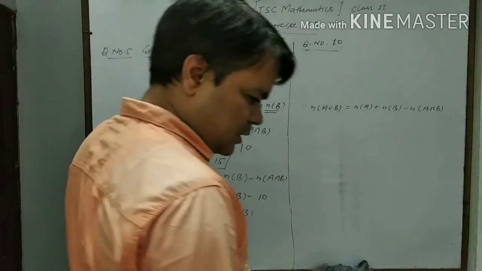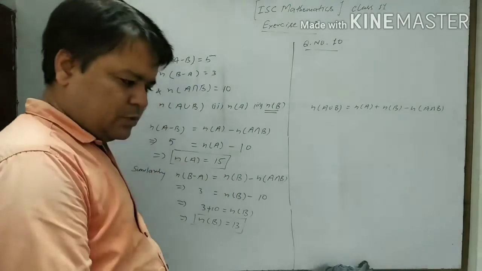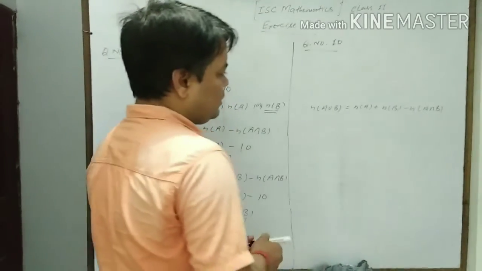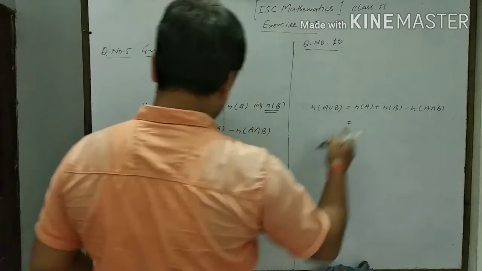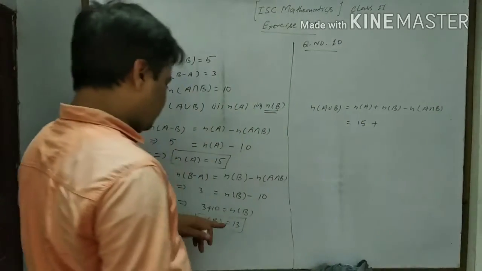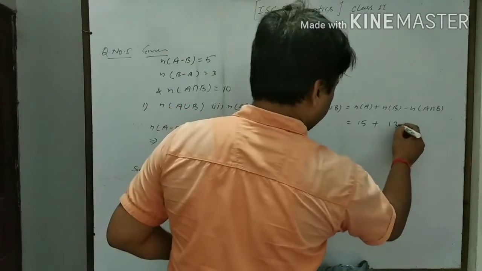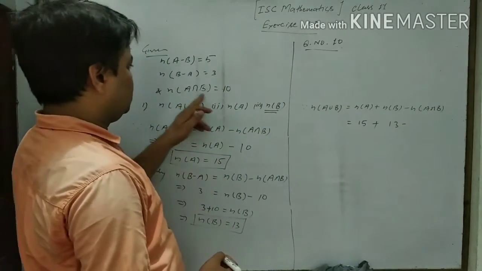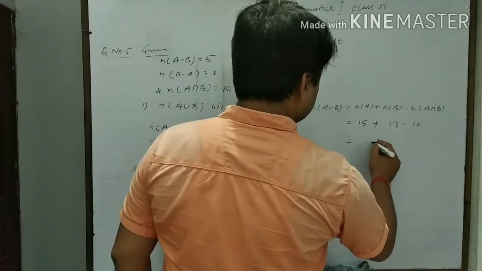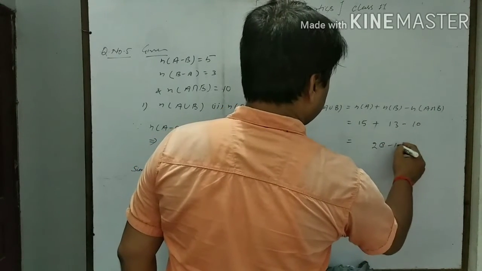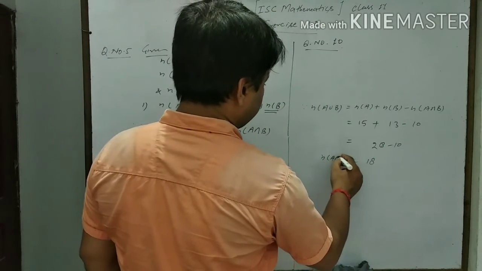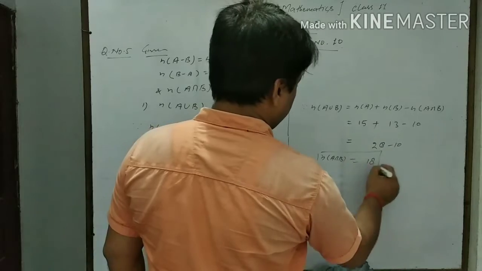Cardinal number of B is 13 according to the question. I just checked the answer and it is correct. Now cardinal number of A union B: cardinal number of A is 15, plus cardinal number of B, that is 13, and A intersection B is given, that is 10. Then it will be 28 minus 10, means 18. Means cardinal number of A union B is equal to 18.